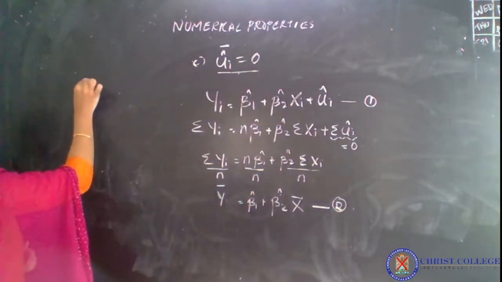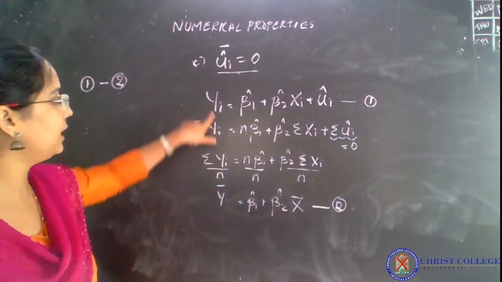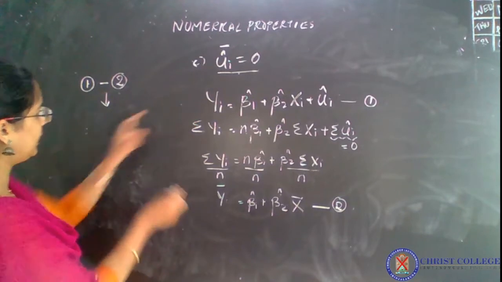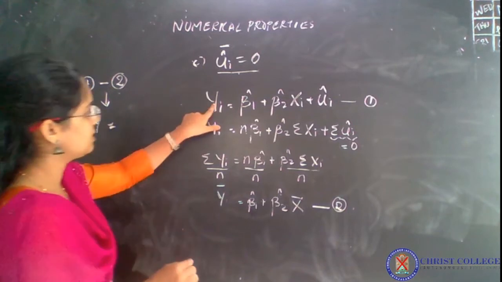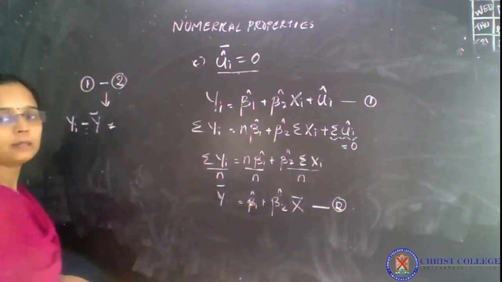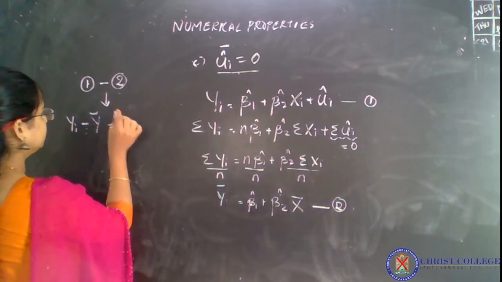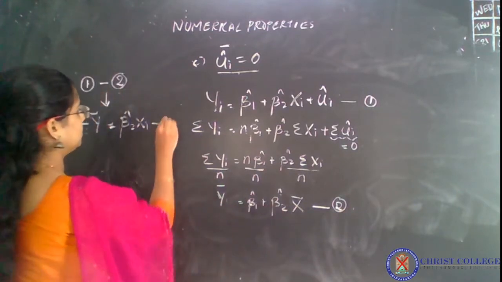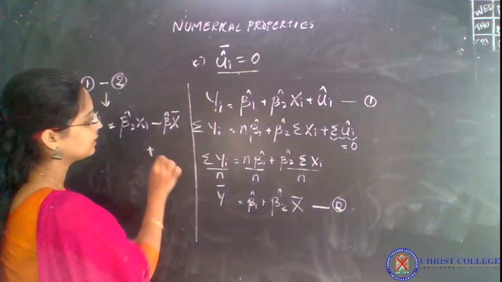Now, we have to subtract equation 2 from equation 1. Then, yi minus y bar is equal to beta 1 hat minus beta 1 hat, which will be equal to 0. Next, beta 2 hat xi minus beta 2 hat x bar, plus ui hat.